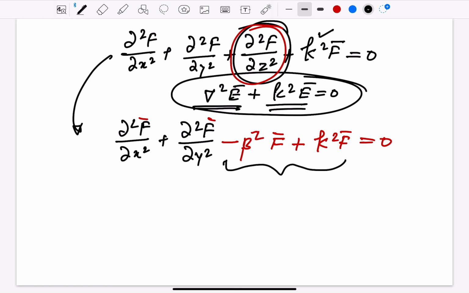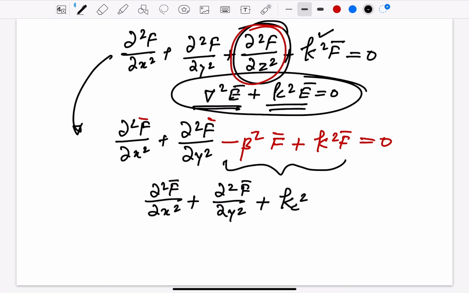So now it is better to write dou square f over dou x square plus dou square f over dou y square plus kc square f.